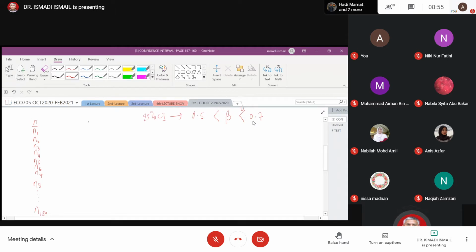And the true value of beta: with a 95% confidence interval, the true beta will lie between 0.5 and 0.7.